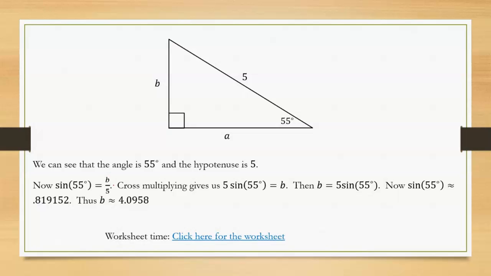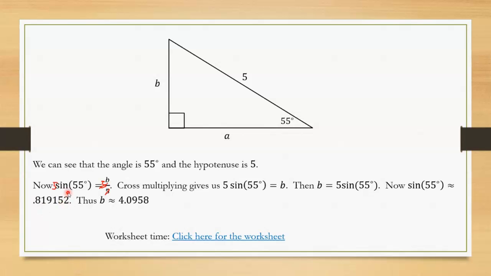B is our unknown. Let's solve for it. We're going to multiply by 5. Right? We have B over 5. We want B to be alone. So let's multiply by 5. Then these 5s cancel. We get B is 5 times sine of 55 degrees.